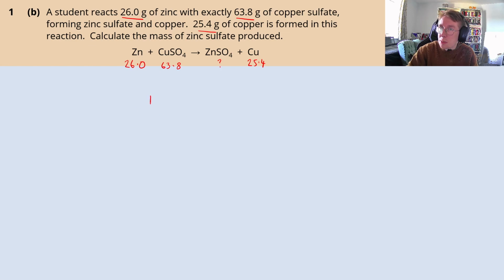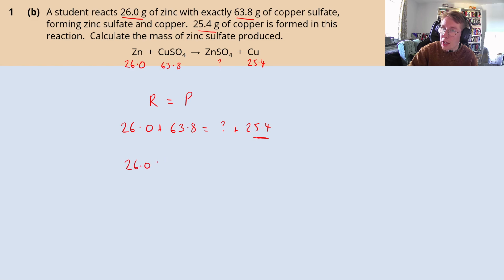So using the principle that we said before, the total mass of the reactants is equal to the total mass of the products. That therefore means that 26.0 plus 63.8 is equal to whatever our mass of zinc sulfate is plus 25.4. So mathematically, all I need to do here is take away 25.4 from this side of the equation and get it to go over here onto the left-hand side.